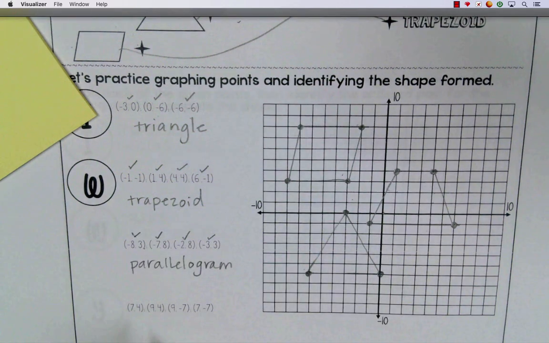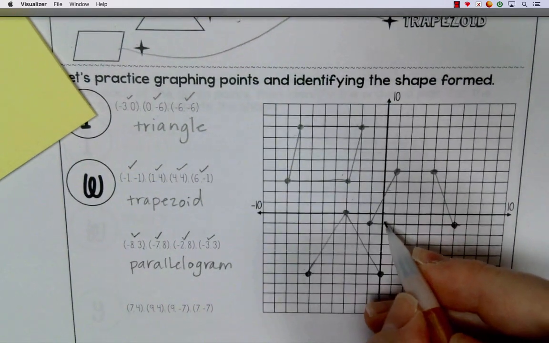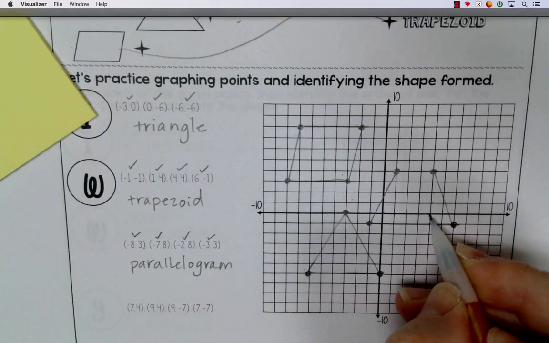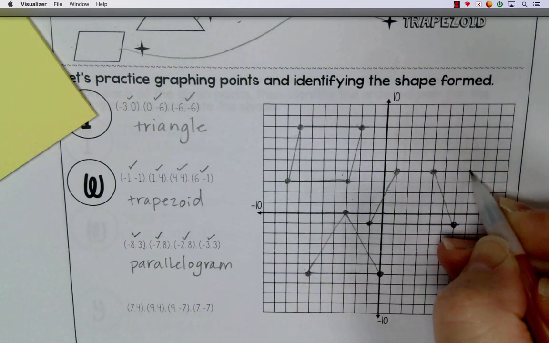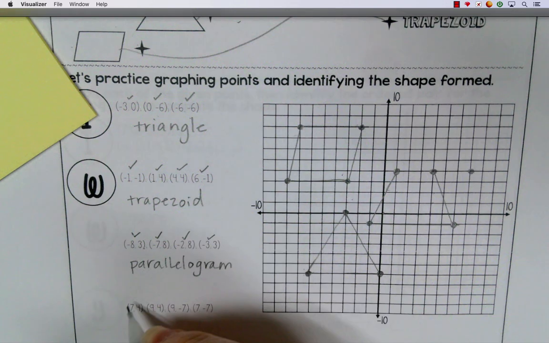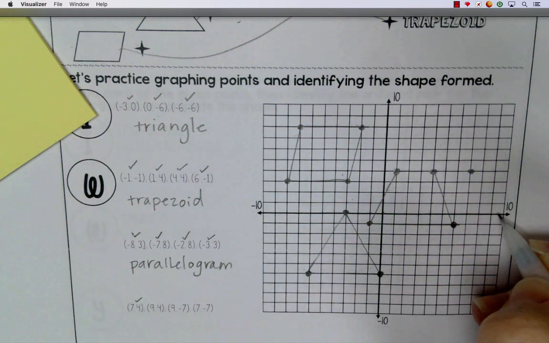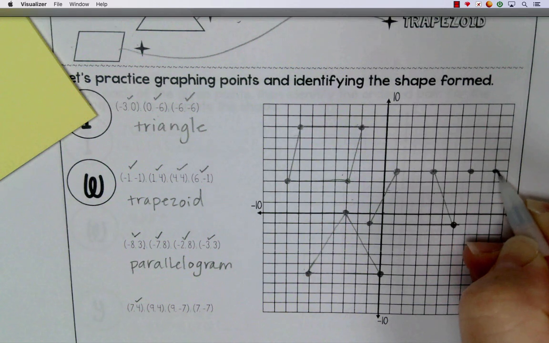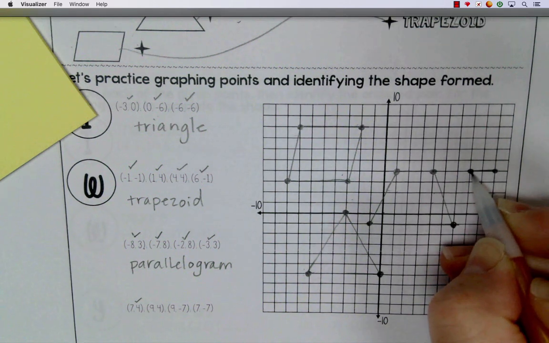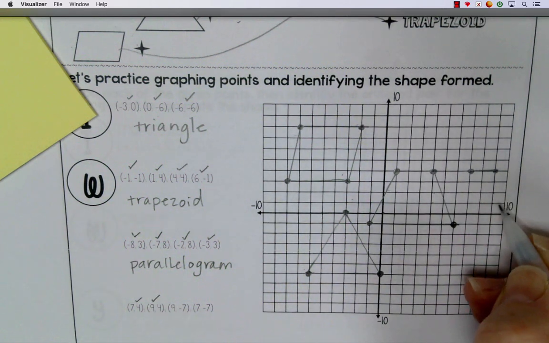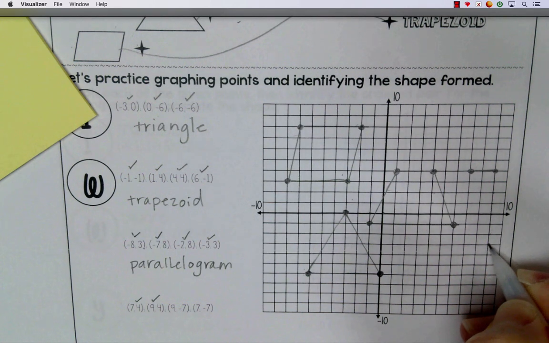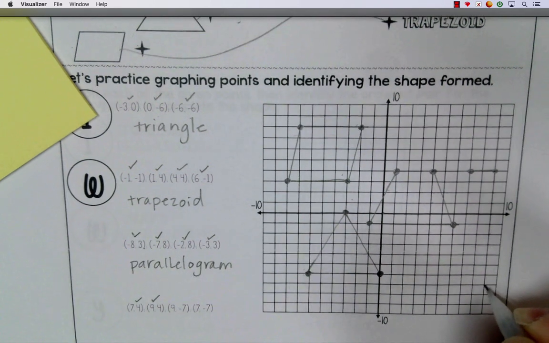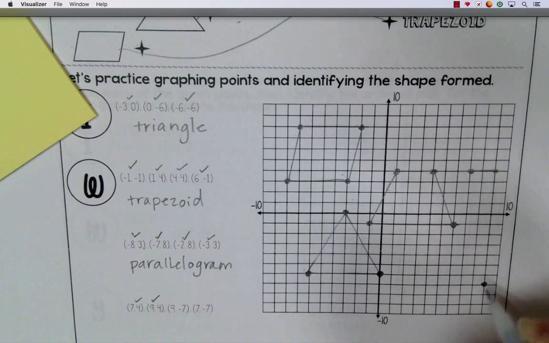All right, last one, positive 7. 1, 2, 3, 4, 5, 6, 7. Positive 4, 1, 2, 3, 4. Positive 9. Positive 4. Connect. Positive 9, negative 7. 1, 2, 3, 4, 5, 6, 7.